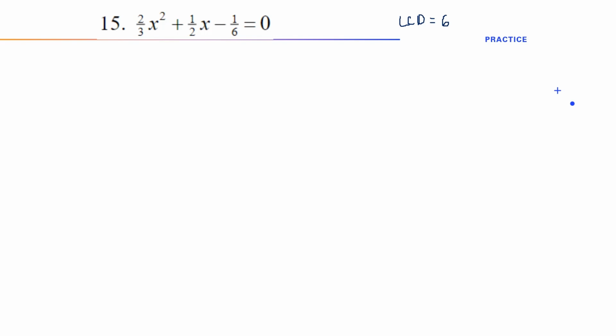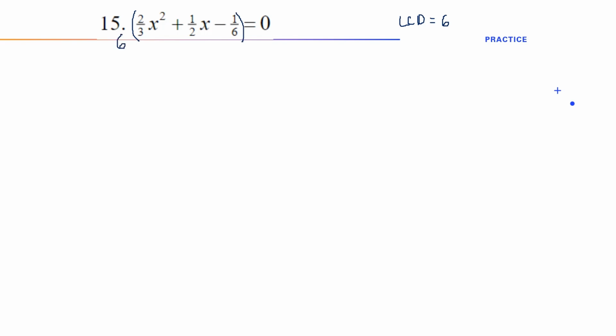But it will be easier when you multiply by the least common denominator, because now on the right hand side you will have 0. It's not fractions, so it's better to multiply both sides by the least common denominator.